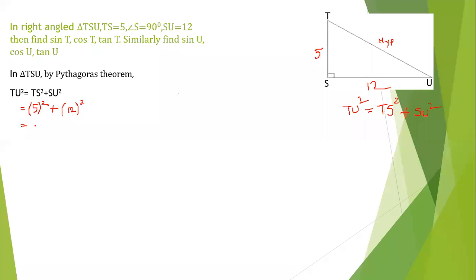Now what is the square of 5? The square of 5 is 25, right? And what is the square of 12? It is 144. So 25 plus 144 is 169.